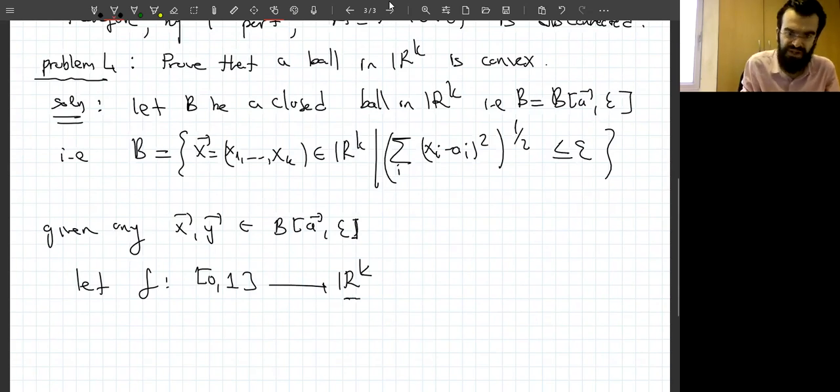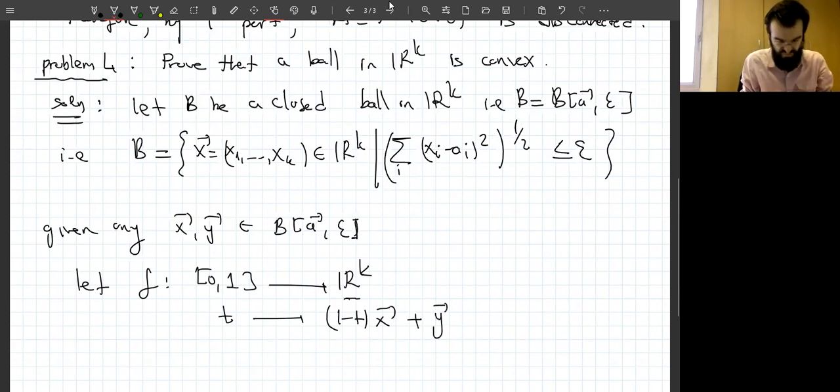We have this map which takes t to 1 minus t times x plus t times y. Call this z.